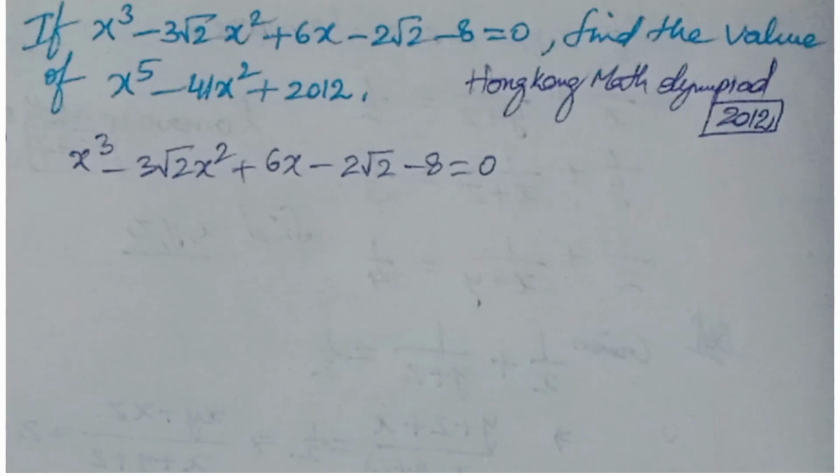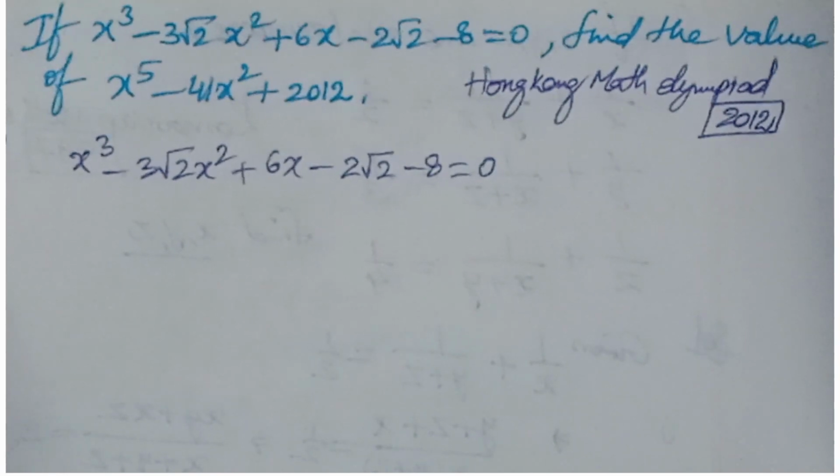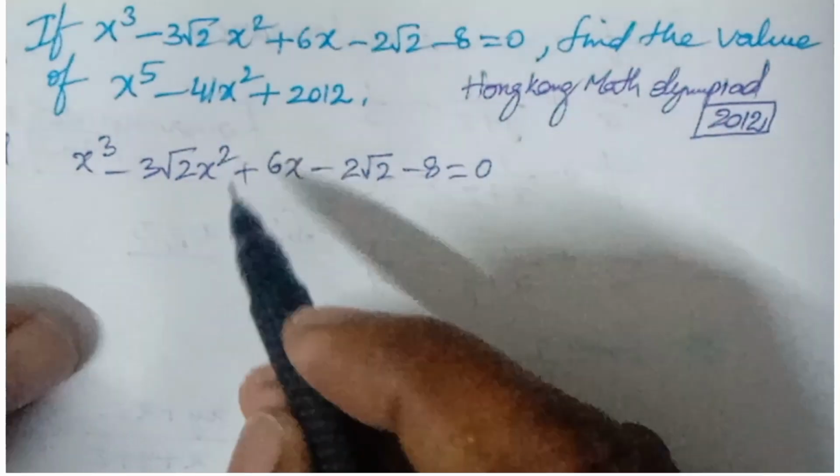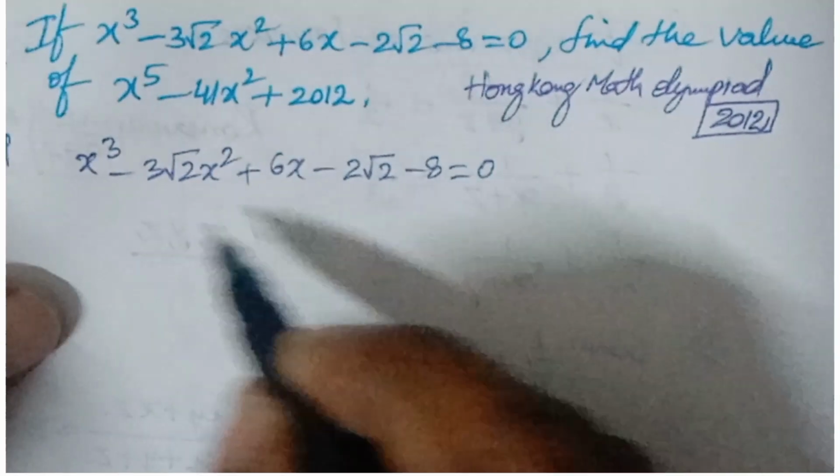Now if you observe this problem, cube is there. So here we can apply the a cube minus b cube formula. Some terms are extra, so what we'll do, we'll send that term to another side.